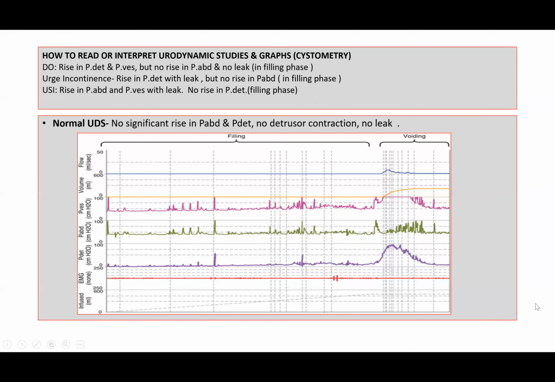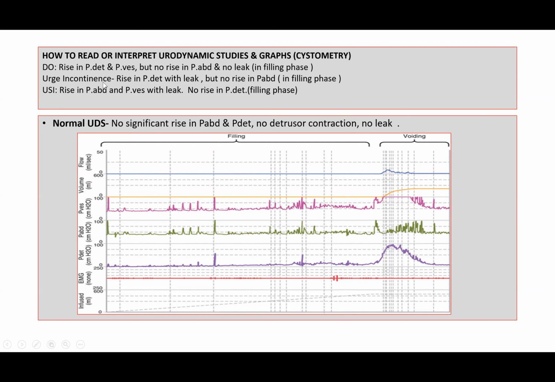Okay, so let's see how we interpret the graph. The basic thing is detrusor overactivity. We know detrusor overactivity means that there will be a rise in the detrusor pressure and the vesical pressure, but no rise in the abdominal pressure, and there will be no leak.